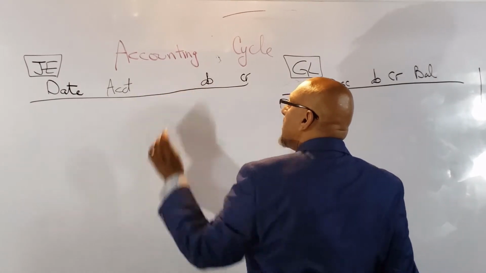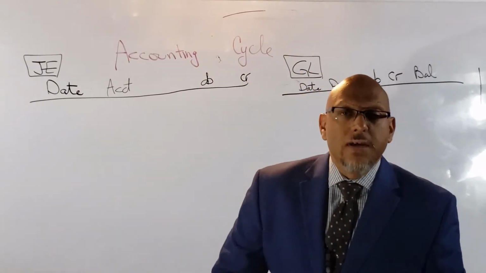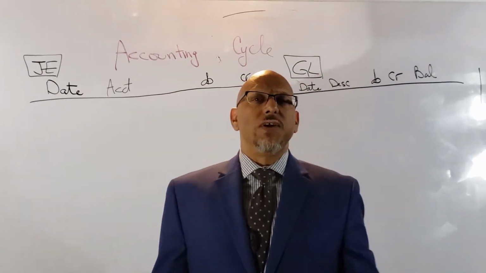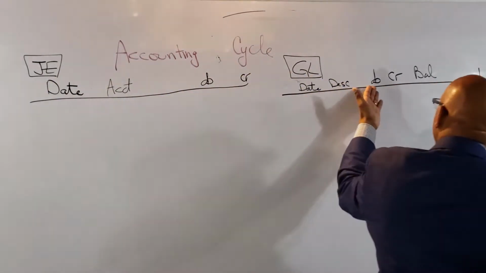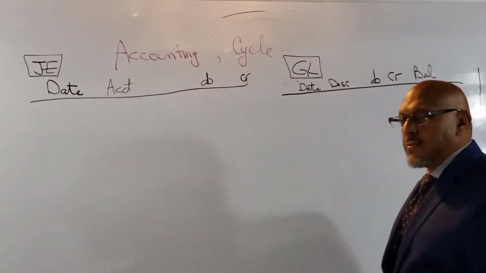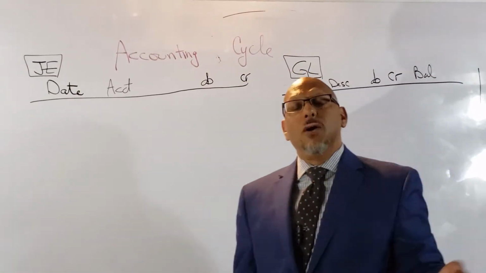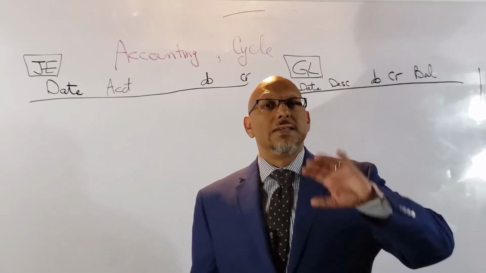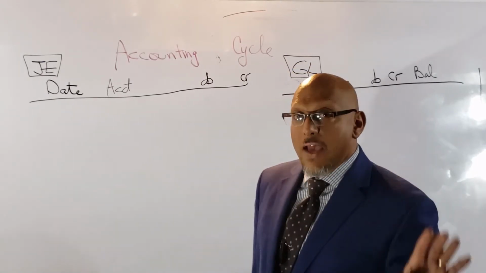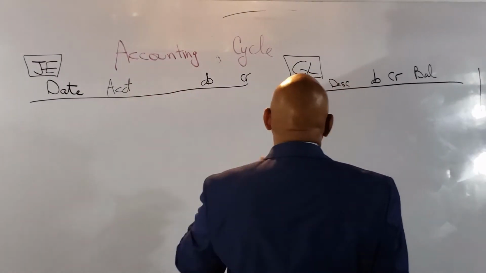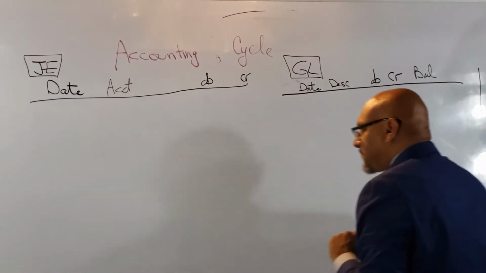It is some numeric descriptor of the transaction that follows from the JE to the GL. So it's not necessary in this class. Some companies use it, some don't. You don't worry about it because that would be something that an individual organization will be using as a reference. So I've eliminated it from both the journal and from the ledger.